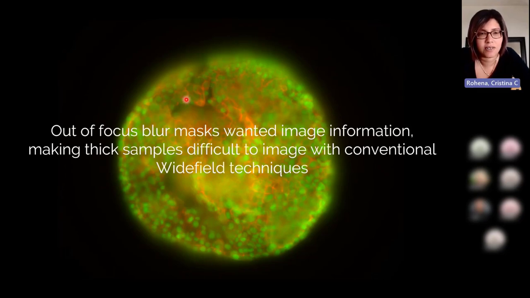You can see how that out-of-focus blur really masks the details that we really want to observe and maybe analyze out of this image. This makes traditional conventional wide field techniques a bit challenging to use for imaging of samples of this kind.